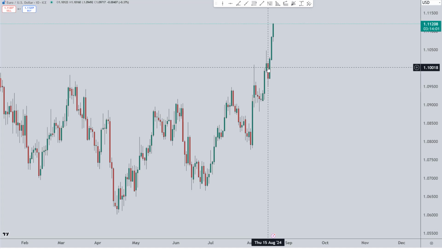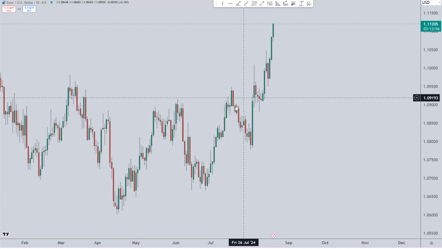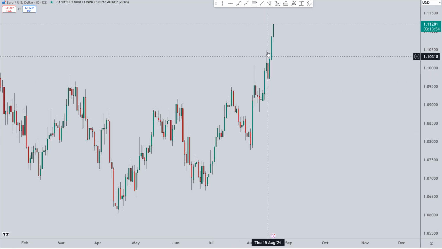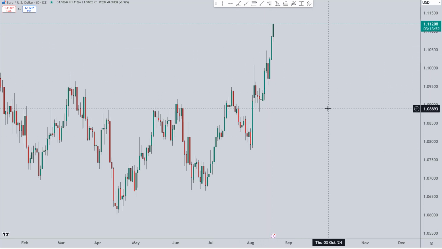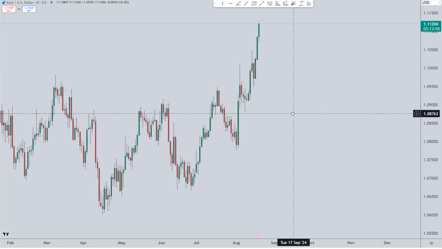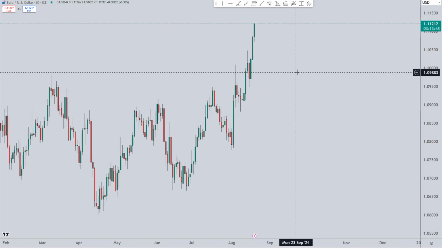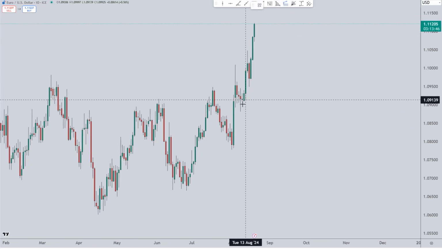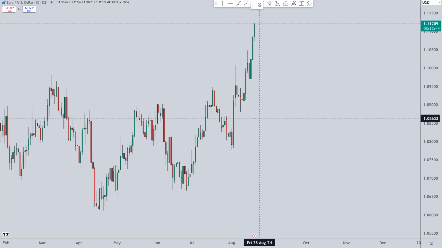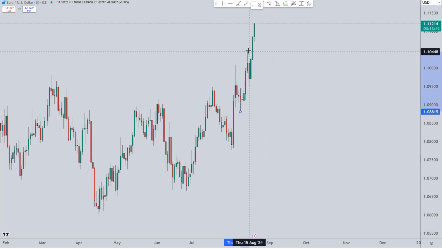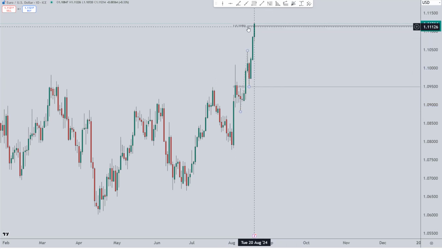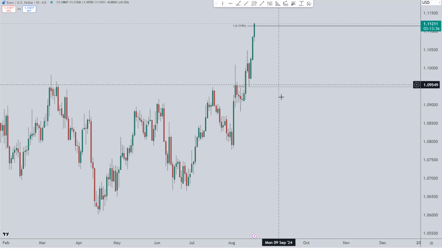And then this one right here, we wait, we see, is it going to break down? No, it doesn't break down like this one did. It breaks to the upside. So how far is it going to go to the upside? Well, we don't know necessarily with what we've done with the time forecasting, but we can just do a simple 1, 2, 3 and assume that it's going to go at least this high.